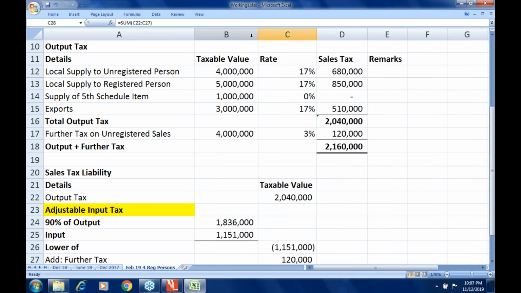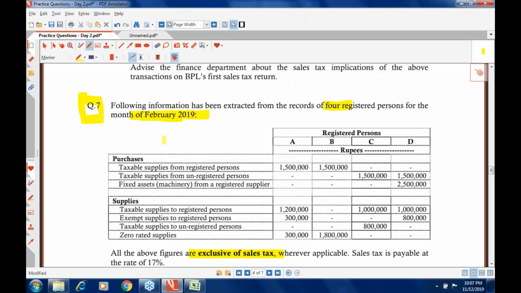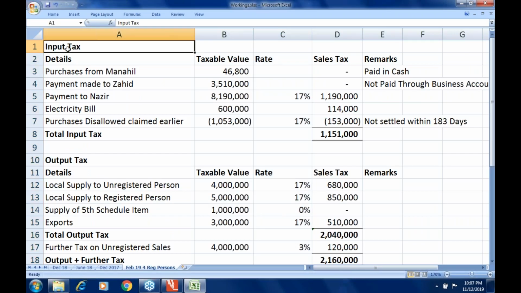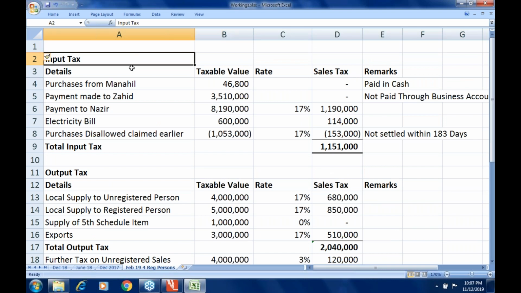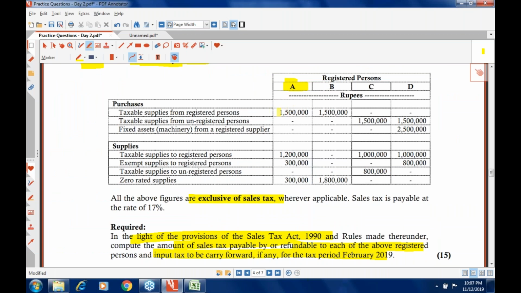Now, what exactly are we being told in this specific thing? First of all, let's talk about registered person A. I'm first of all going to perform the calculation of registered person A. Now, registered person A has taxable supplies from registered person of 1.5 million.